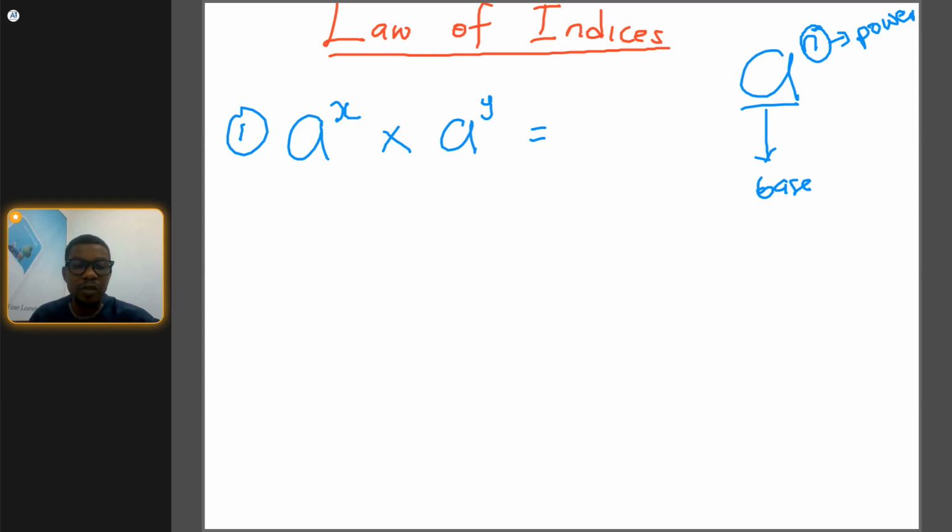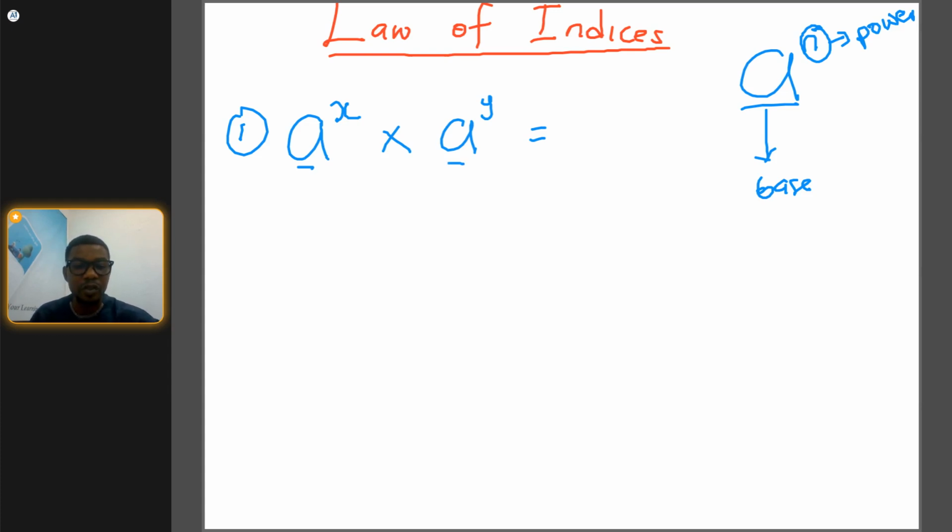So for us to make use of the laws of indices, we must ensure that the bases are the same. A is the base here. A is also the base here. So we have the same base.